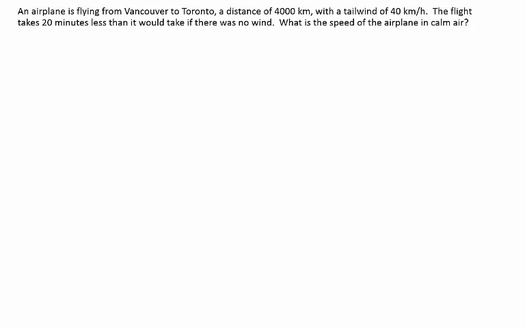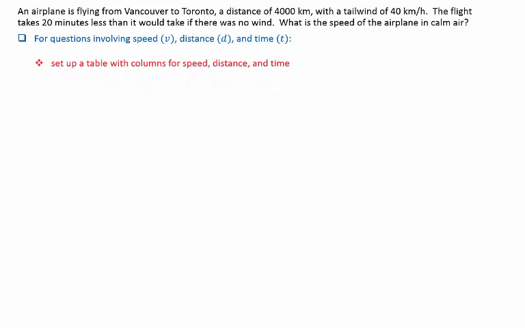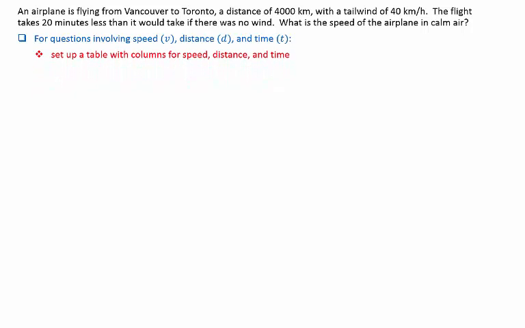For word problems involving rational equations, it is often helpful to set up a table in order to develop the equation. For questions involving speed, distance, and time, the columns will include speed, distance, and time.